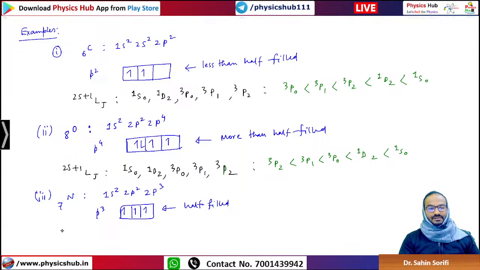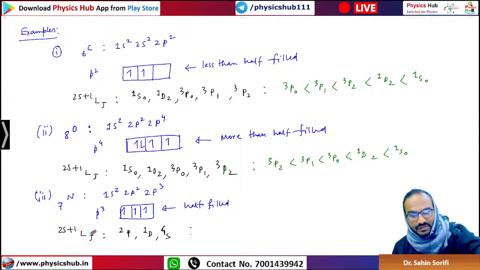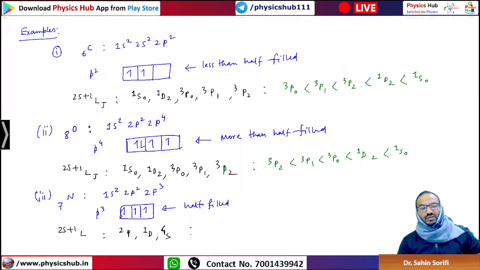If we write the levels, 2S+1 L J: 2P, 2D, 4S. Let's ignore this J. So 4S, 2D, 2P.